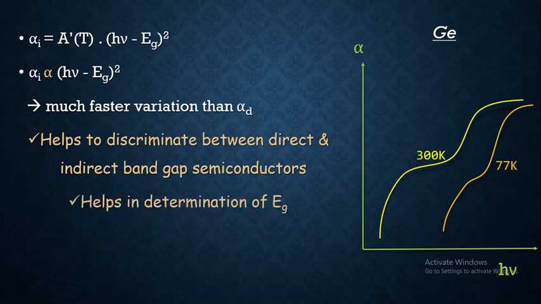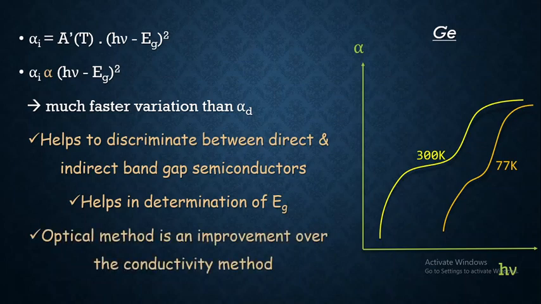Then second is, already we have seen, it helps in determination of energy gap, and once you determine the energy gap, easily you can say which semiconductor it is. So these two basic properties of a semiconductor can be determined by studying the fundamental absorption, and main thing is that the optical method is an improvement over the conductivity method.